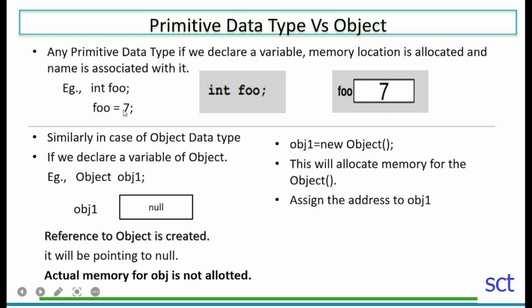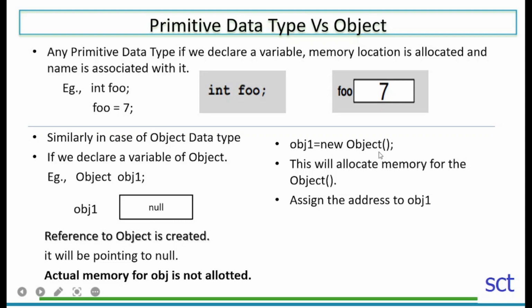When I say foo equals 7, the value is stored in foo. But in the case of an object, if an object is declared as obj1, a memory allocation will be made for it, and it will have null inside by default.